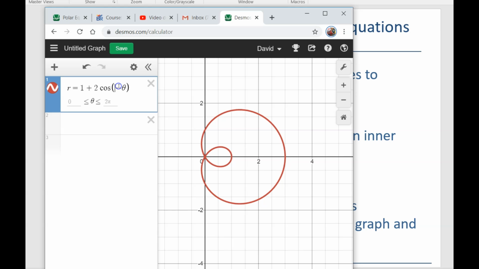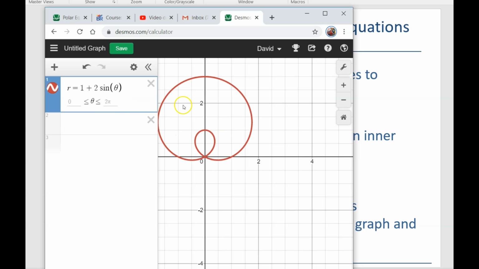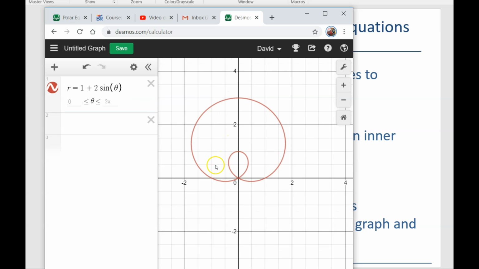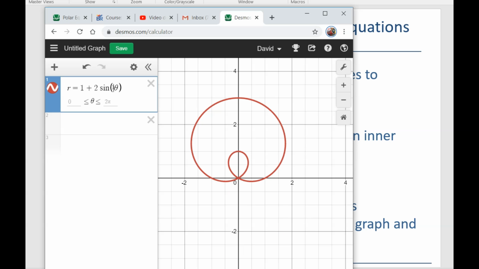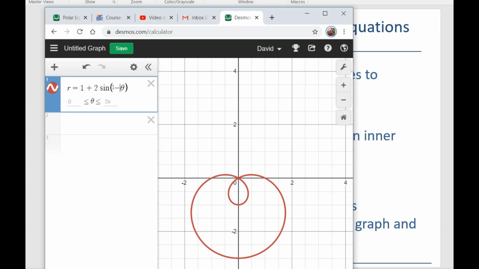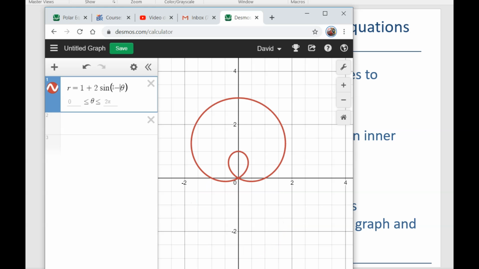So just to show you, if I were to do 1 plus 2 sine theta, all right, that does not have symmetry with respect to the polar axis. That graph and that graph are not the same. The polar axis being the positive x-axis, it changes the graph completely.